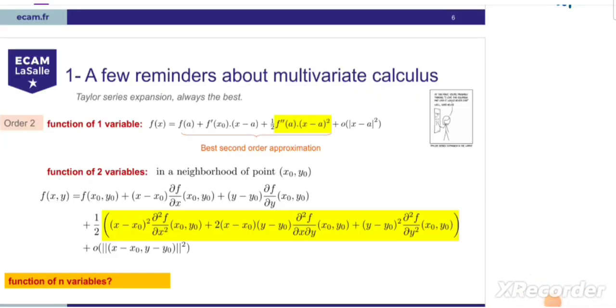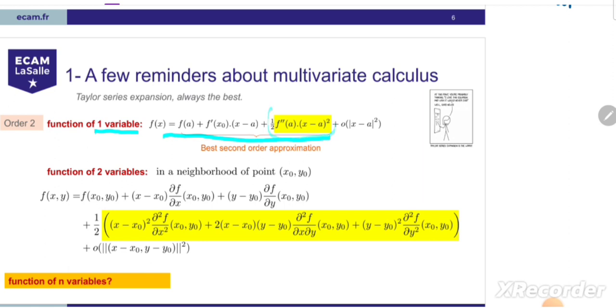And of course, you know that we can go on with our Taylor expansion as long as we want, as long as your function f is differentiable. So again, let's get back to what's happening in one dimension with one variable. This is going to be the best second order approximation.